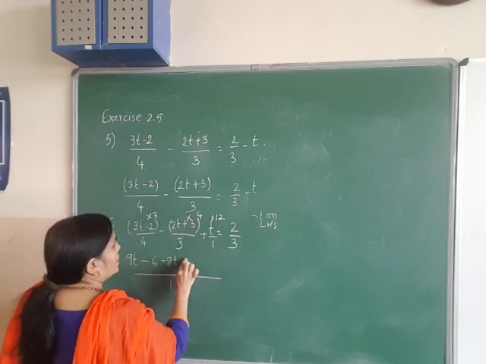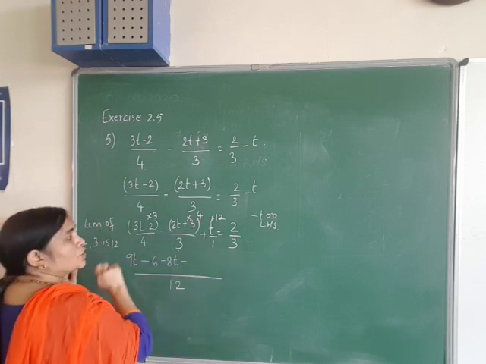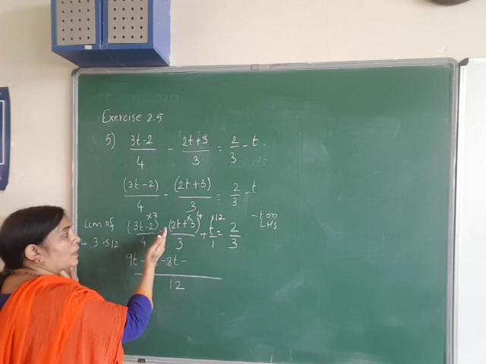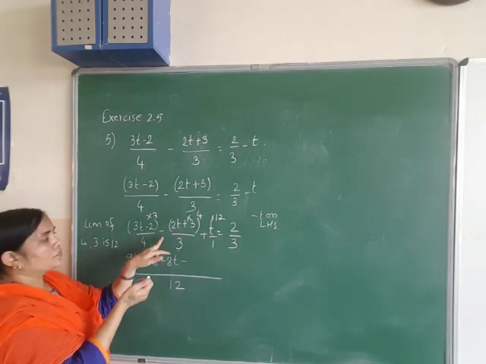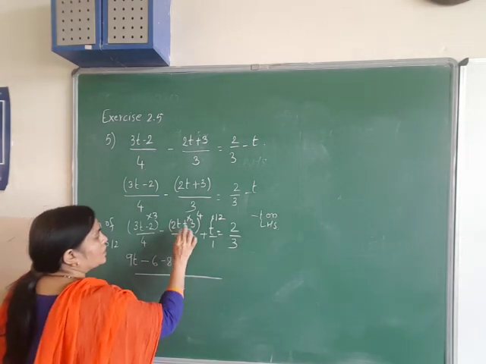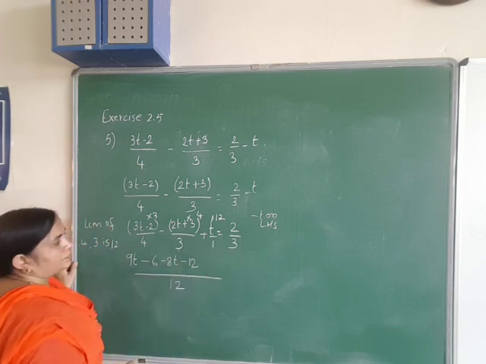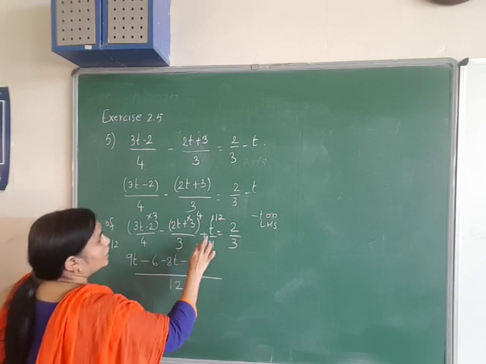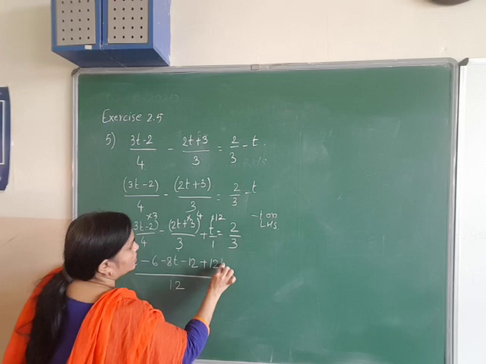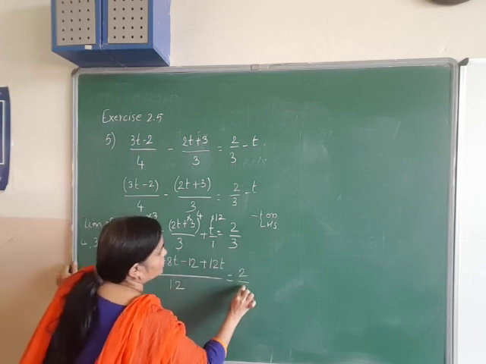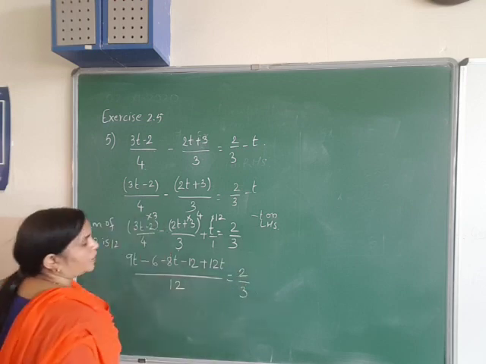Then 4 threes are 12, but minus into plus, again it is a bracket with a minus sign, so you have to multiply by minus. Minus 4 threes are 12. Next 12 into t is 12t, is equal to 2 by 3.